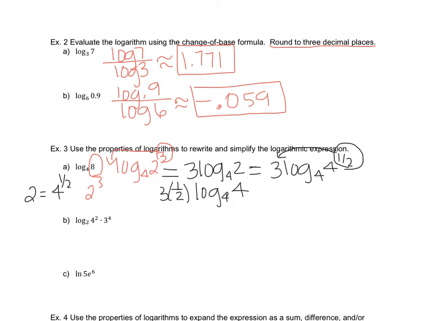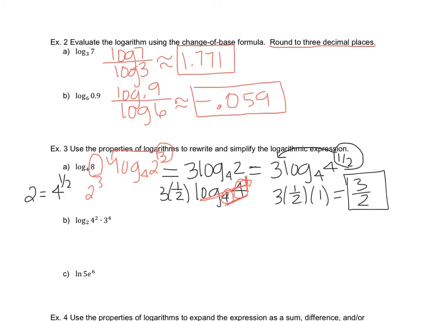Now, because my bases equal, this whole thing is going to change into 1, because that's the exponent on that 4 right there. So once your bases match, essentially this goes to 1. So then what I have is 3 times 1/2 times 1, which is 3/2.